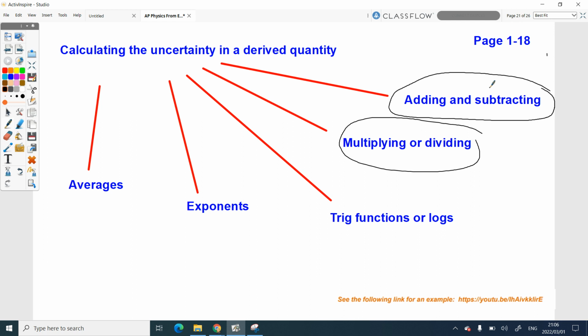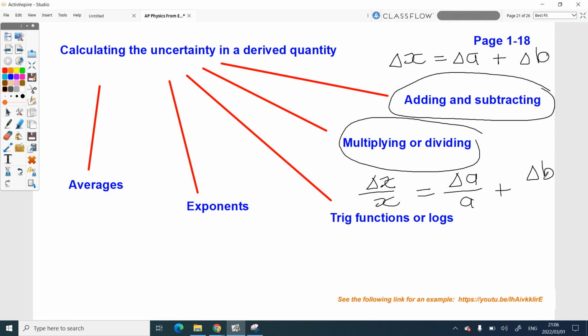So for addition, we add the actual uncertainties: the uncertainty in X is the uncertainty in A plus the uncertainty in B. For multiplication and division, the fractional uncertainty in X is the fractional uncertainty in A plus the fractional uncertainty in B, like I've given you the example of now.